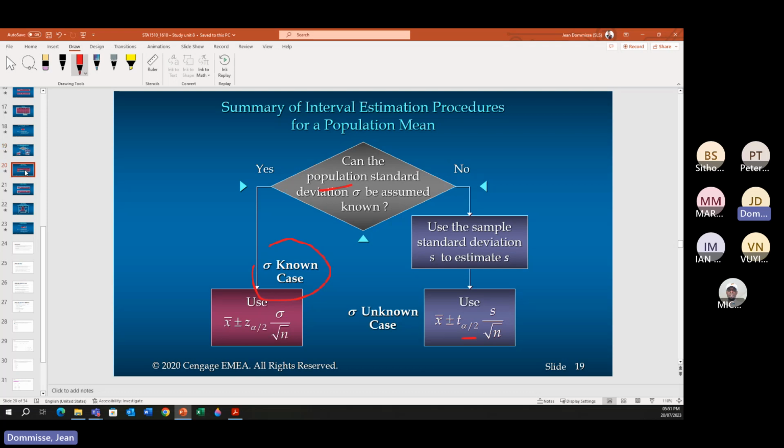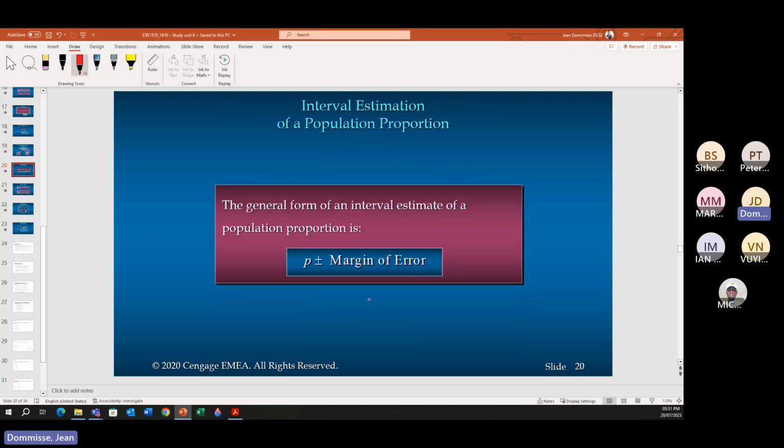Okay, and then the last one is when we look at the population proportion. So very similar, they will talk about the proportion, and you will need to add or subtract the margin of error.